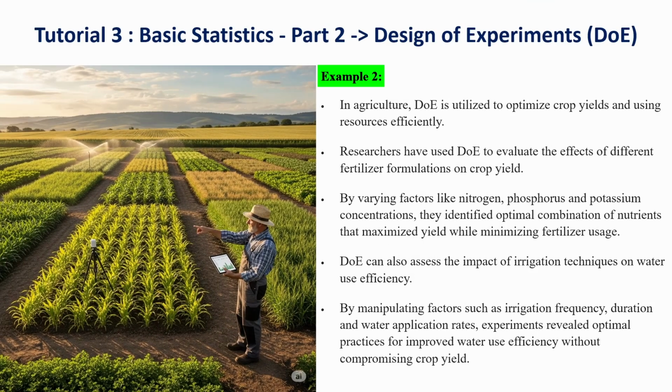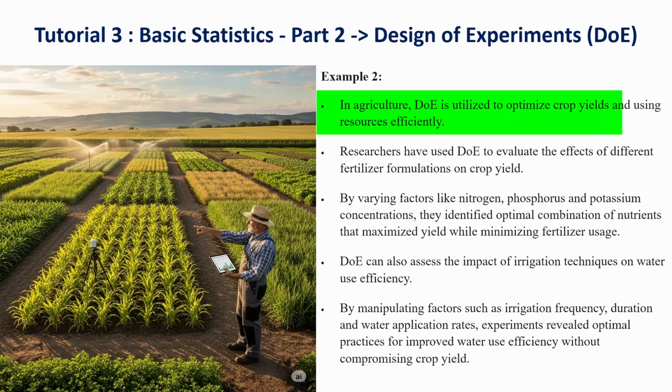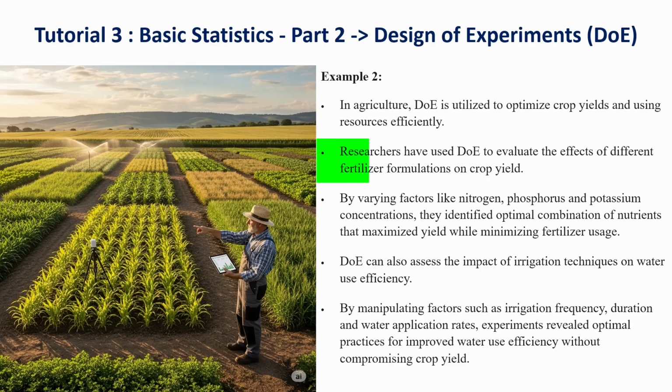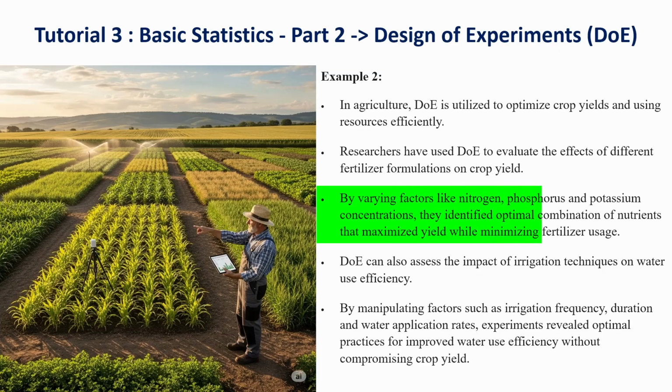Example 2. In agriculture, design of experiments is utilized to optimize crop yields and use resources efficiently. Researchers have used design of experiments to evaluate the effects of different fertilizer formulations on crop yield. By varying factors like nitrogen, phosphorus, and potassium concentrations, they identified the optimal combination of nutrients that maximized yield while minimizing fertilizer usage.